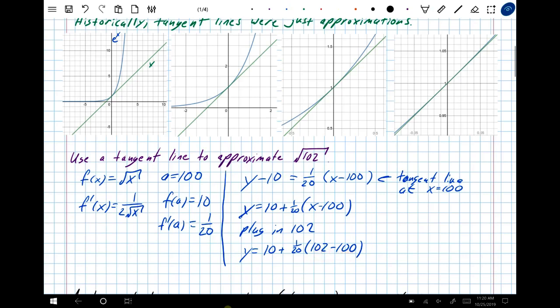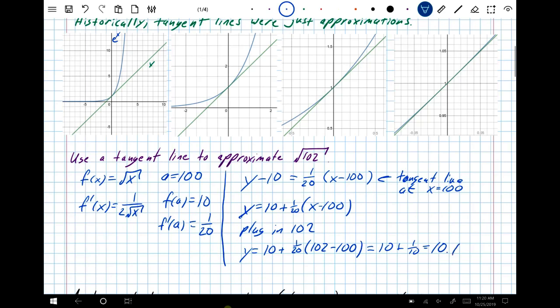I'm going up by 2, and then I'm just multiplying by my rate of change. So I'm starting at 10, I'm stepping over by 2 to the right, and then this tells me if I step over by 2, how much is my y value going to increase? And this is just, looks like 10 plus 2 times 1 over 20 is 1/10 equals 10.1.